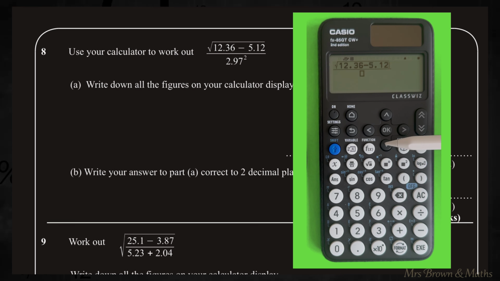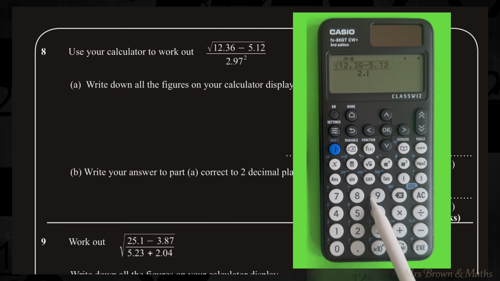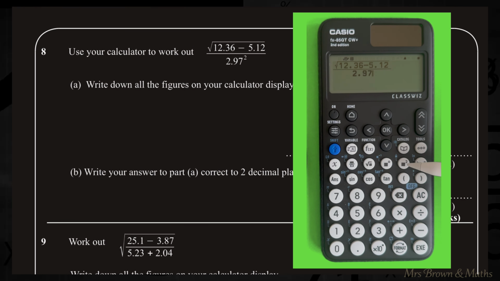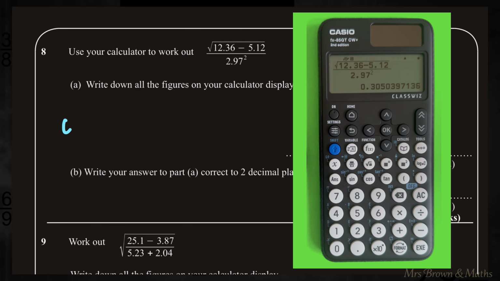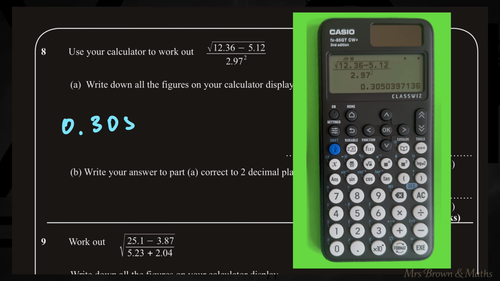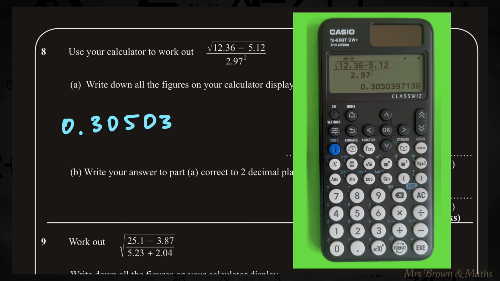Move to denominator, arrow, and then 2.97 squared equals 0.3050397136.